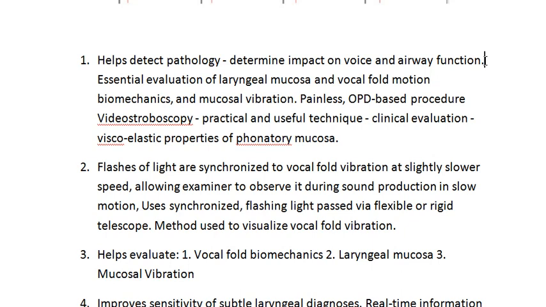It is an essential evaluation of the laryngeal mucosa, the vocal fold motion, the biomechanics involved, and the mucosal vibrations. It is a painless OPD procedure. Video stroboscopy is a practical and useful technique for clinical evaluation of the viscoelastic property of the phonatory mucosa of the vocal cords.